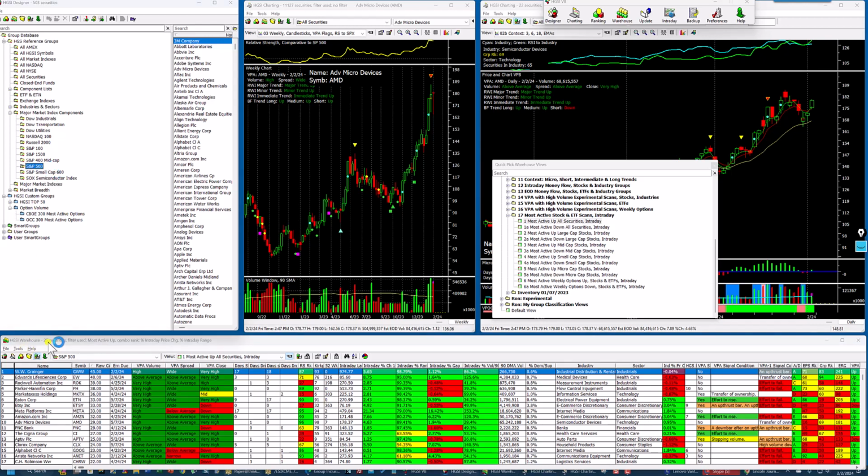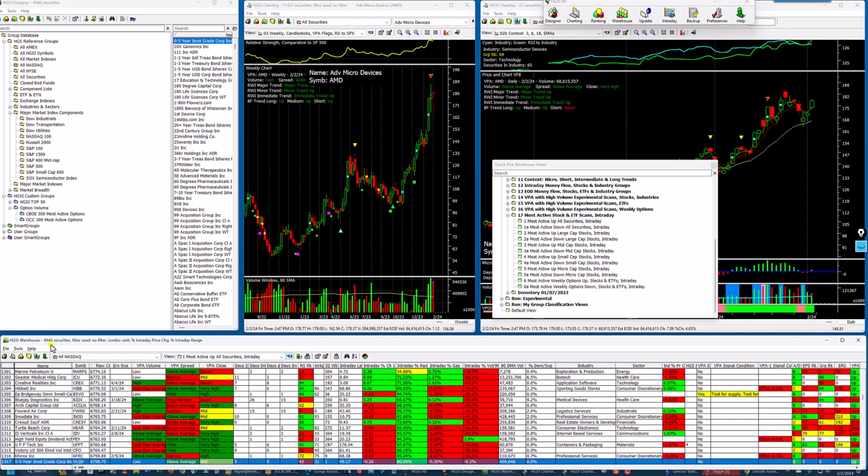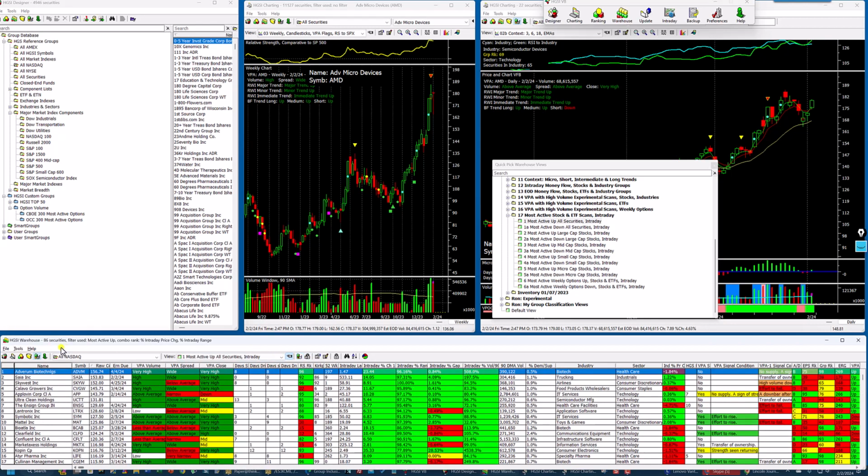So you can see you can concentrate, have your vision much more focused when you just go to these. If you want all NASDAQ, go up to all NASDAQ, click on that, and you can see there's 4946. When I apply the filter, there's 86. So you can focus on what's moving both up and down.